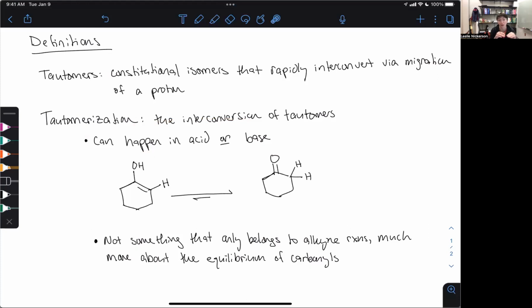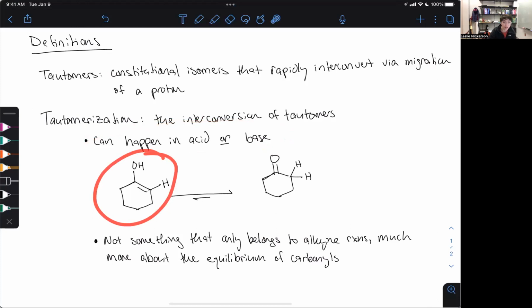Nothing about the tautomerization was actually impacting what the product outcome was. That was all dictated by either the carbocation stability or steric interactions with the boron. All of that had nothing to do with the actual tautomerization. So acid or base, we can have this tautomerization happen.